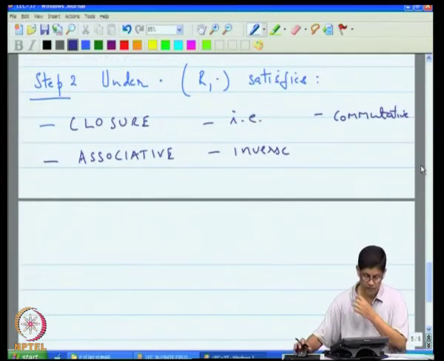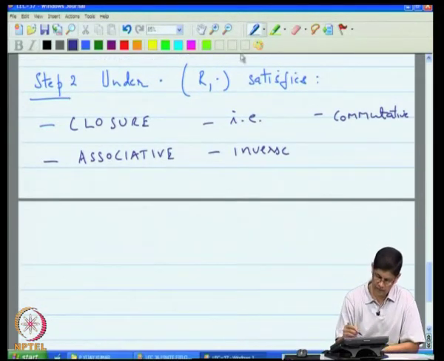So once again you have 5 properties to check, and closure is immediate.